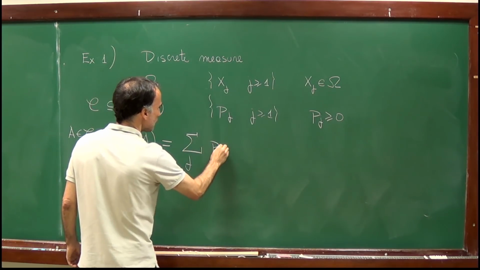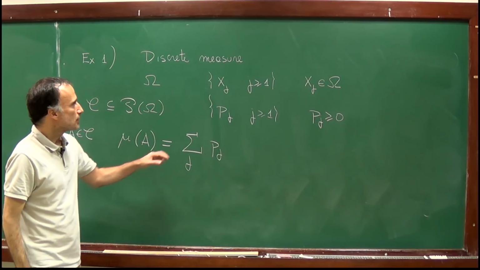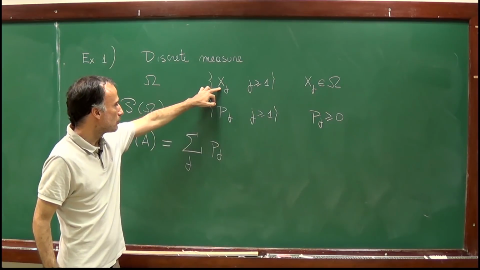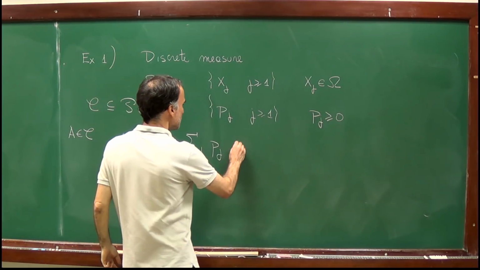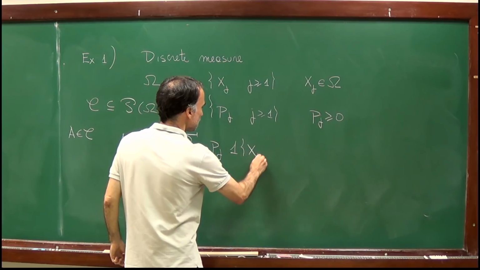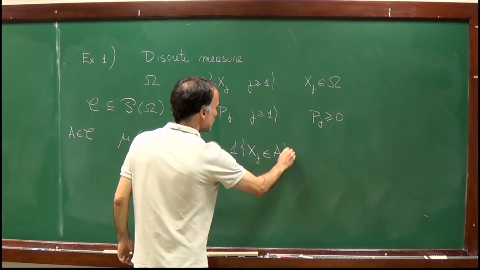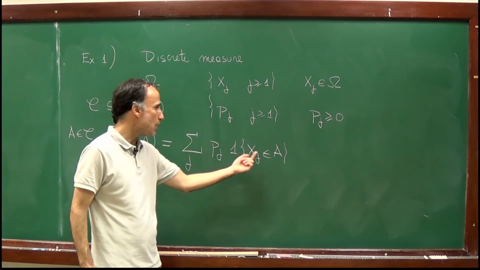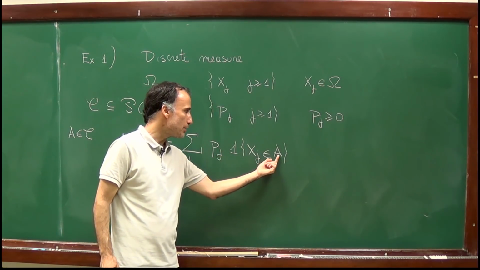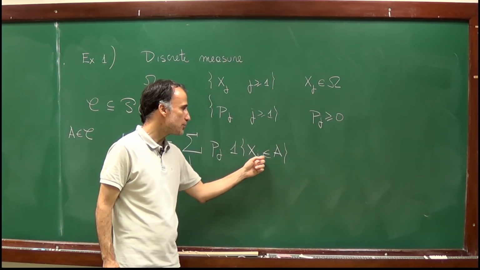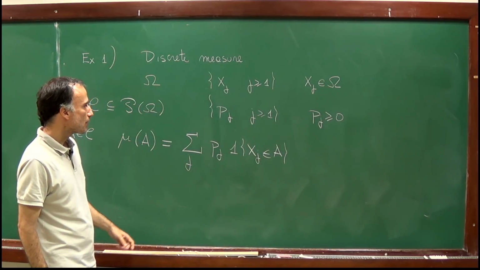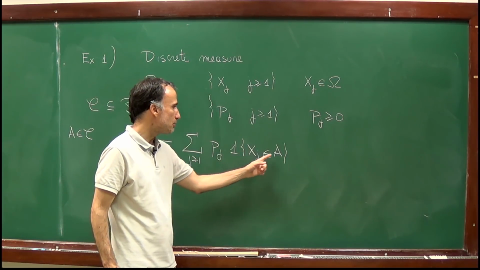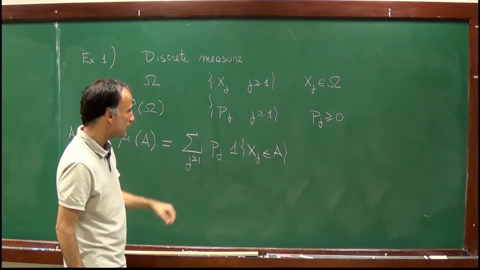p_j whenever x_j belongs to A. So I will sum p_j if x_j belongs to A. So this is the indicator function of the set A, which means that this is 1 if x_j belongs to A, and this is 0 if x_j does not belong to A. Therefore, here I'm summing over all j's for which x_j belongs to A, and I'm summing p_j.